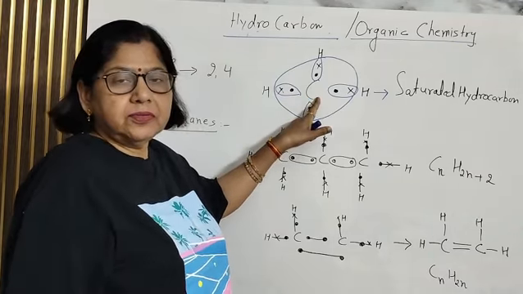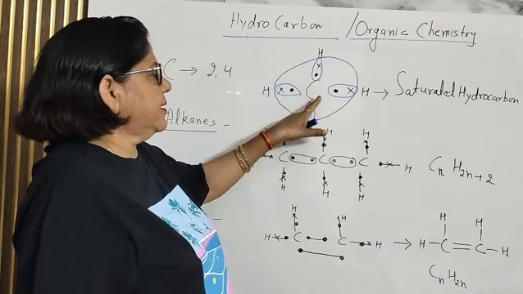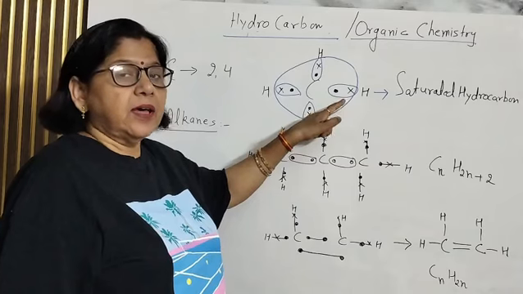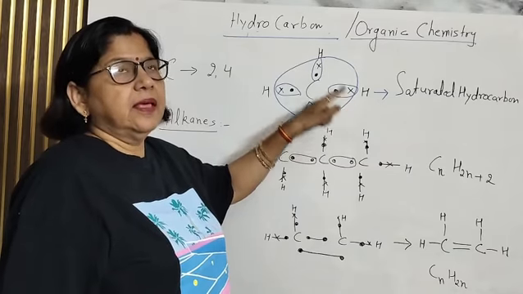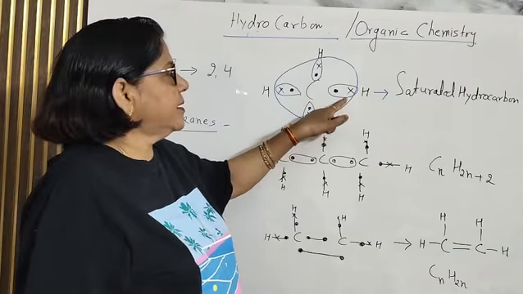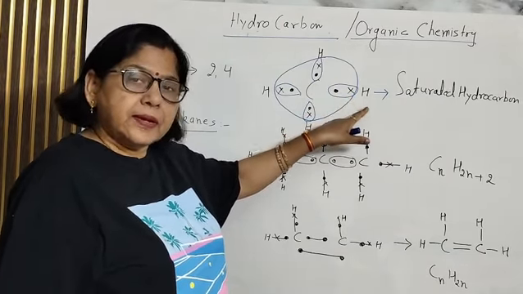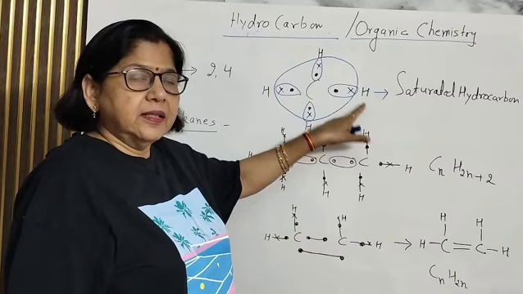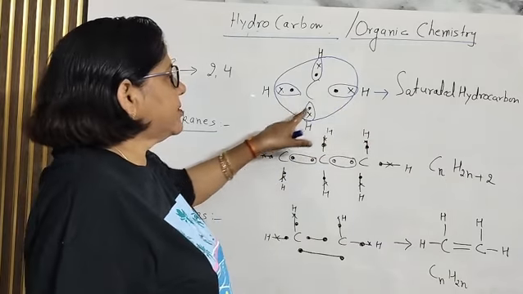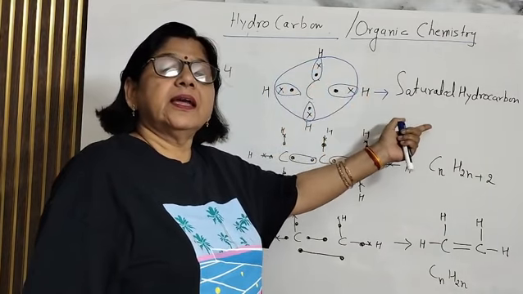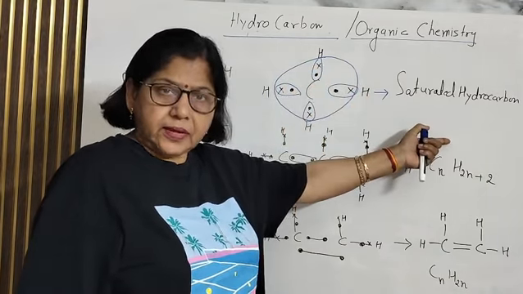Such kind of compounds, in which every electron of the carbon atom is satisfied with a separate electron of a separate atom, result in the formation of a saturated hydrocarbon, right?